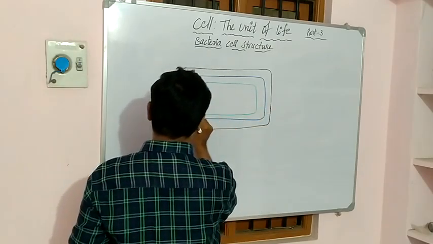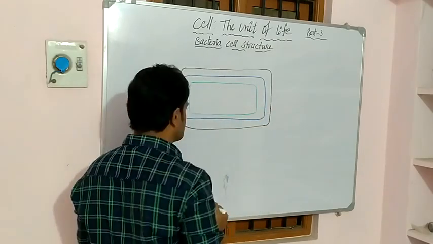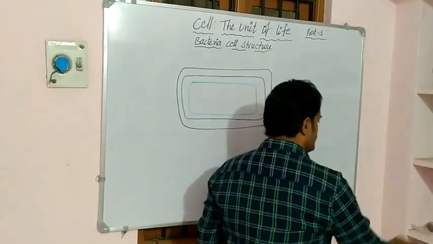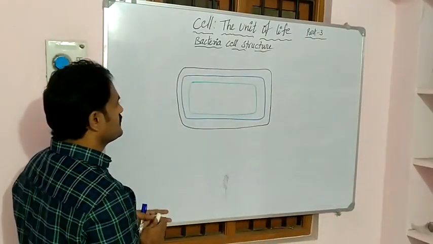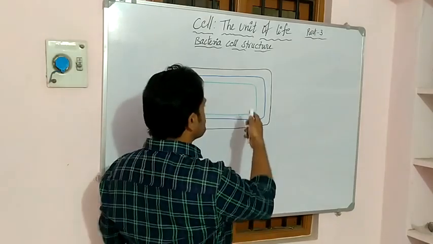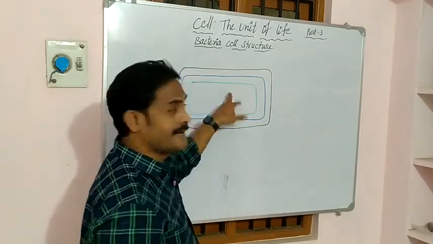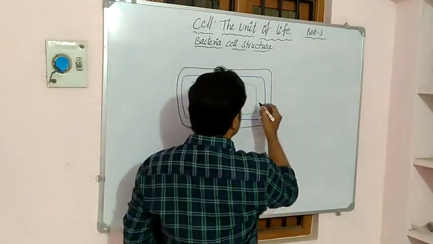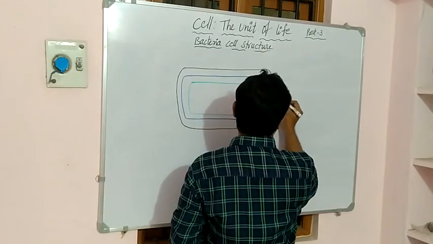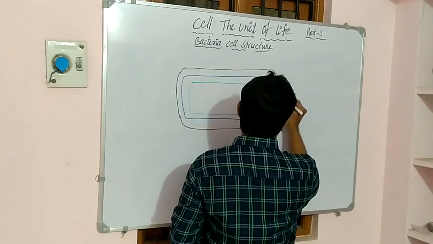Commonly the bacteria cell is enclosed by three membranes. First, what is the innermost membrane of the bacteria? The innermost membrane of the bacteria is called the plasma membrane.